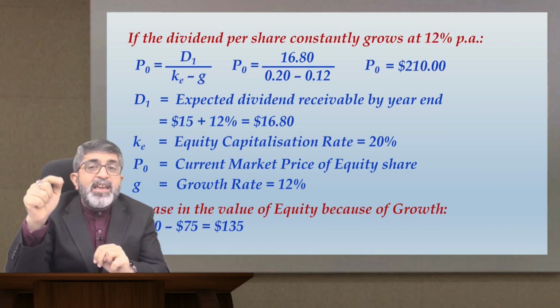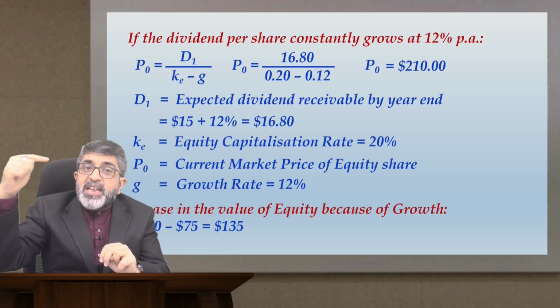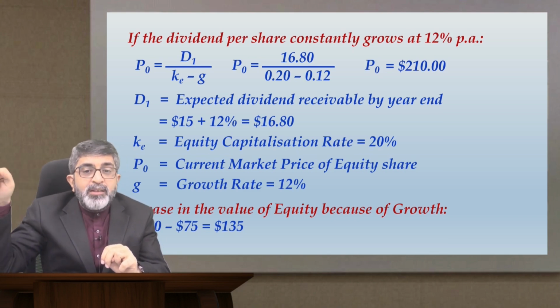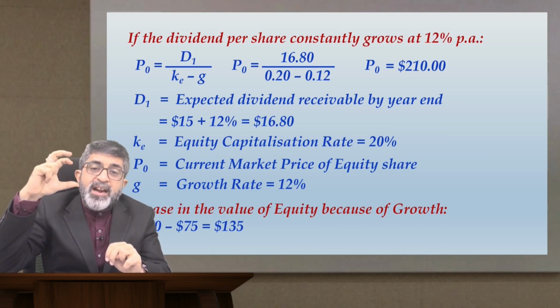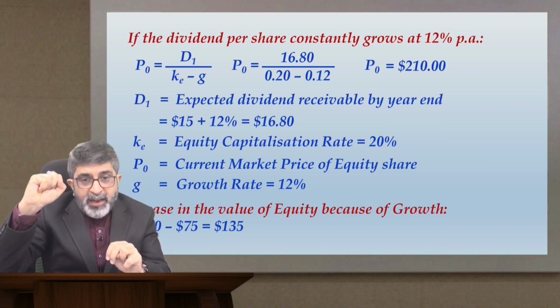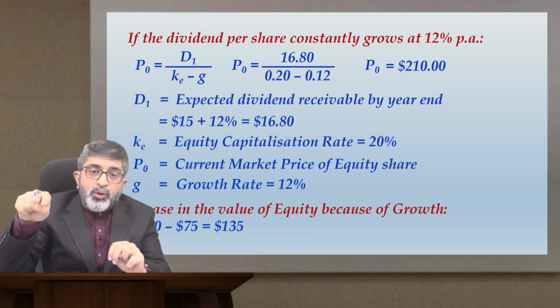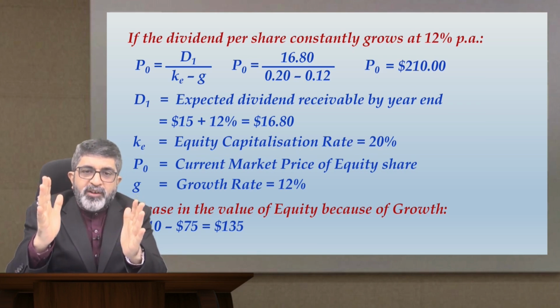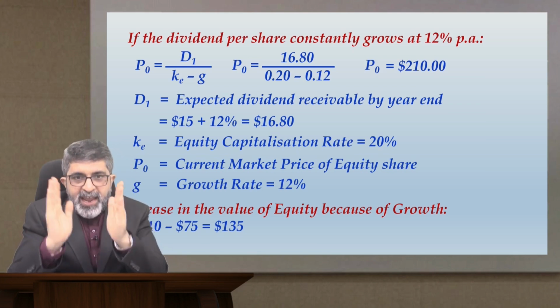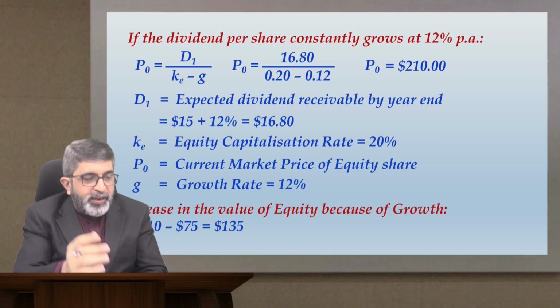You remember the KE formula? KE equals D1 by P0 plus G. D1 by P0, that ratio indicates dividend yield rate. Correct? Growth rate added to that becomes KE. So KE is aggregate of both components.